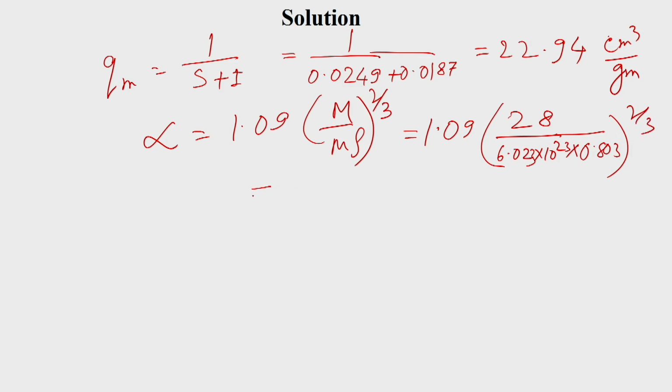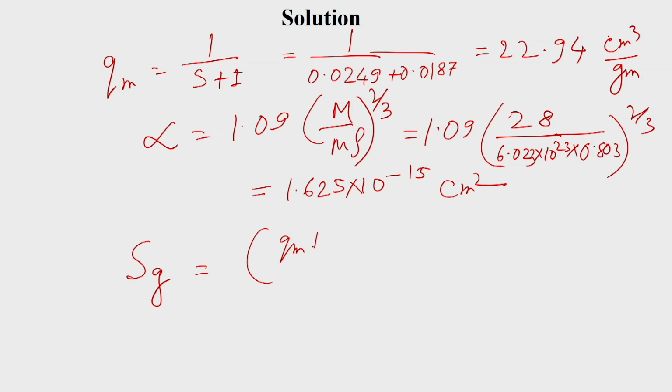It is coming out as 1.625 into 10 to the power minus 15 centimeter square.